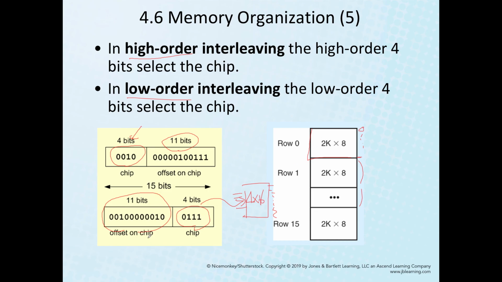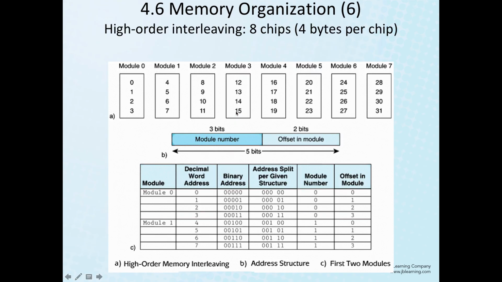Then in low order interleaving, the address space would be like this: 0, 1, 2, and all the way to 15, and then 16, 17, and the like. So addresses are distributed this way if we do low order interleaving.